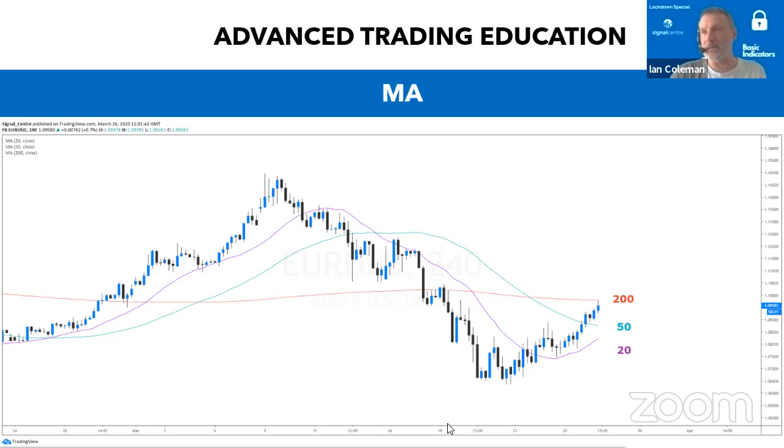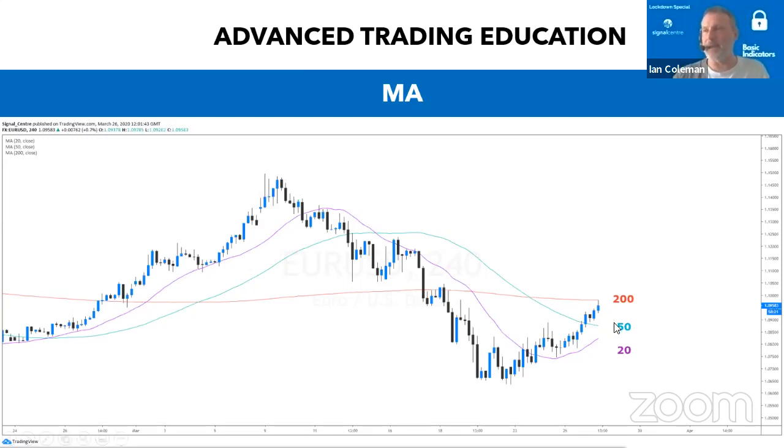The popular ones, I suppose, 200-day moving average is used a lot for long-term traders. As you can see here, this is a 240-minute chart. It's virtually flatlined, and yet we've had massive swings in both directions. So not the best indicator for day traders.